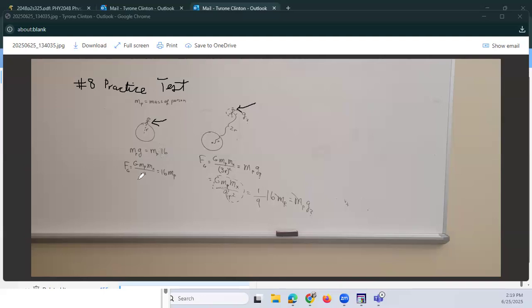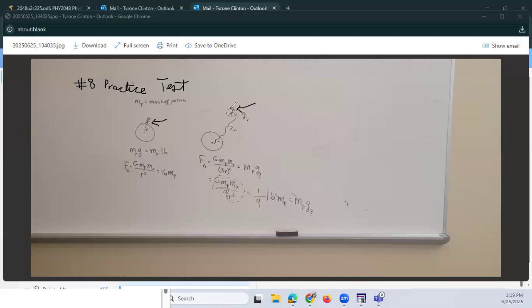Or we can look at it from the standpoint of using Newton's gravitational law. And Newton's gravitational law looks like this. And if we looked at it from the standpoint of the person being up in the sky, one diameter above the Earth, let me try to use a different color, but I'll just stick to black.